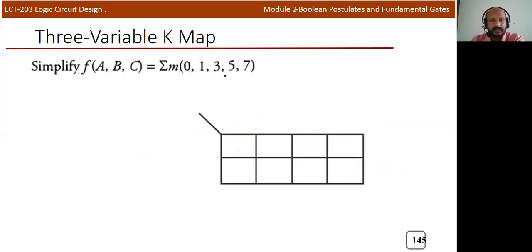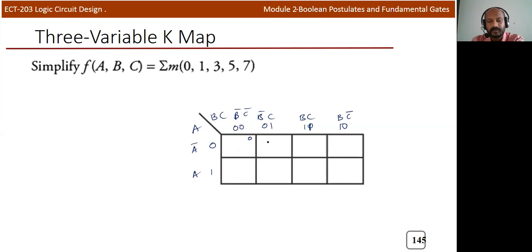Now we need to consider three variable A, B, C. So I'll write A here, B, C here. So here it is 0 and 1, A bar and A. Here it is 0, 0, 0, 1, 1, 1, and finally 1, 0. So B bar, C bar, B bar, C, B, C, B, C bar.